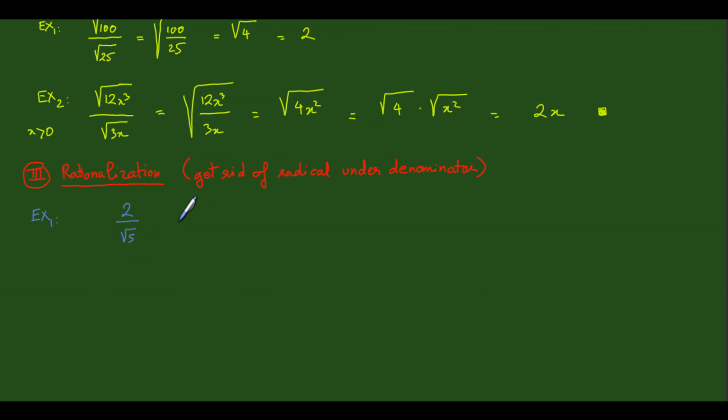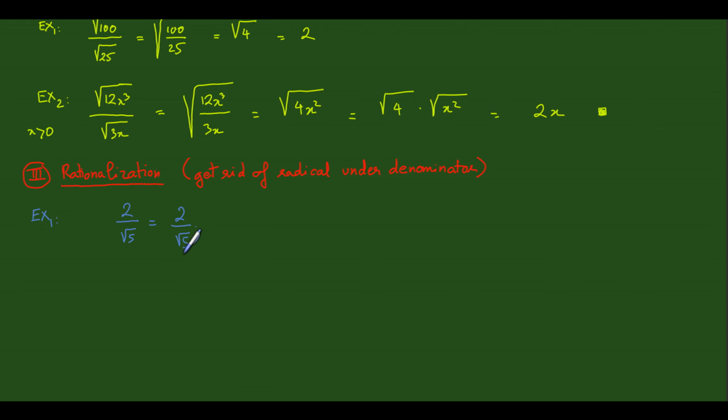In order to get rid of the radical under the denominator, what you have to do is multiply the whole thing, the top and the bottom, by the bottom.